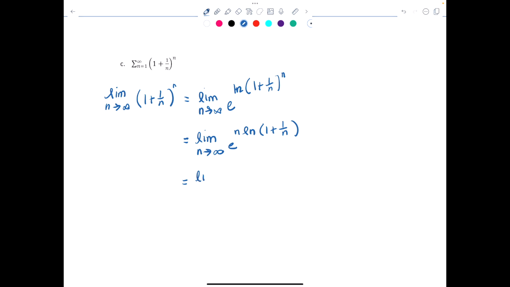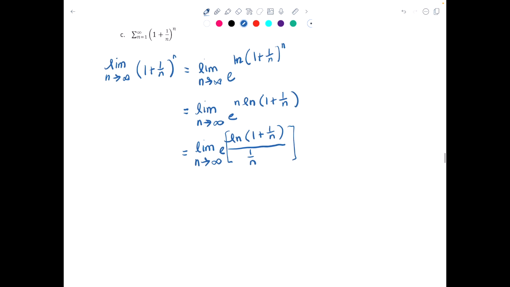So with a little bit more algebra, we will have natural log of 1 plus 1 over n over 1 over n. So do you see that I just changed this n up here? And that's, of course, all raised to the e. So that's all in the exponent of the e.